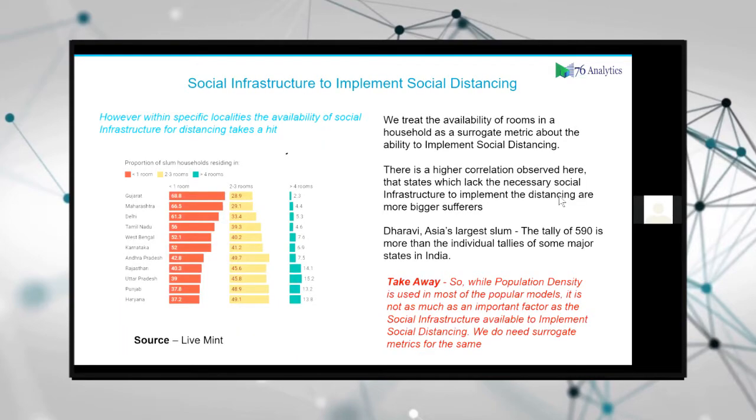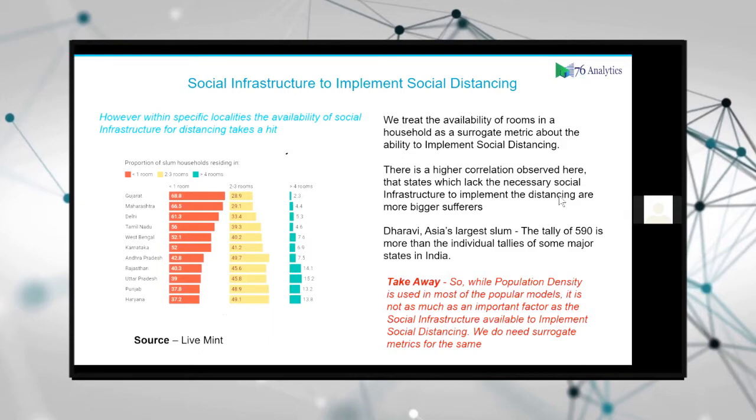Now, we look at the social infrastructure that's available to implement social distancing. How does that work? There's very interesting data that we have about the situation in the slums, that is, a lot of the lower income group residences in India.